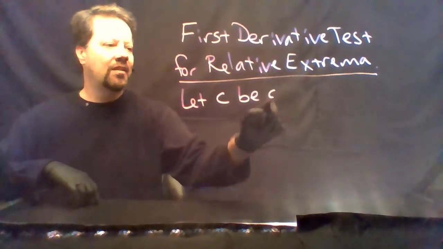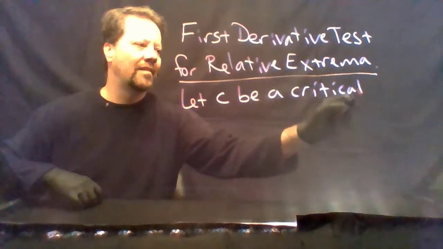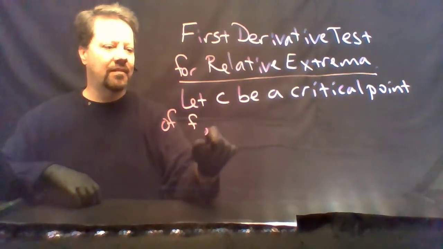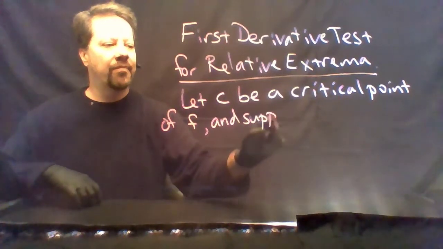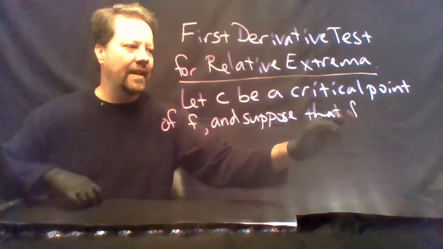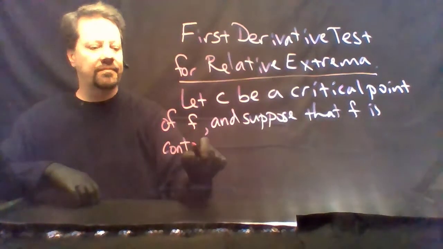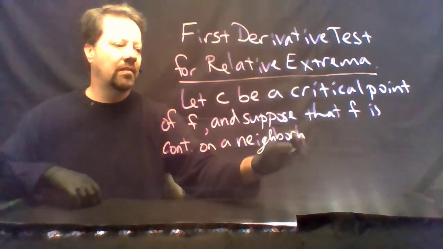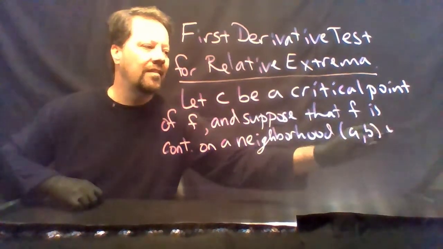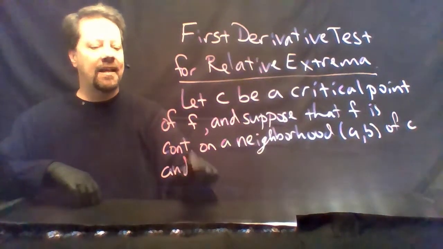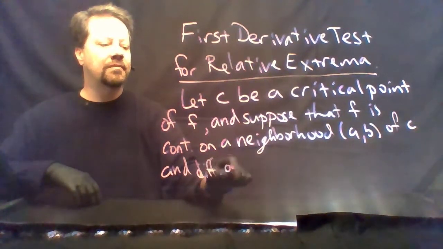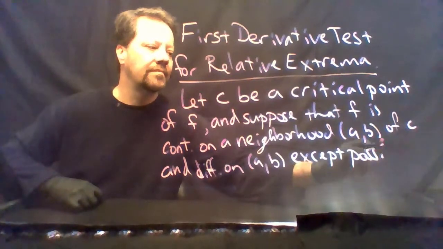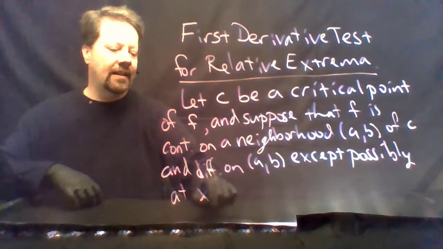Let c be a critical point of f and suppose that f is continuous on a neighborhood (a, b) of c and differentiable on the interval (a, b) except possibly at x equals c.